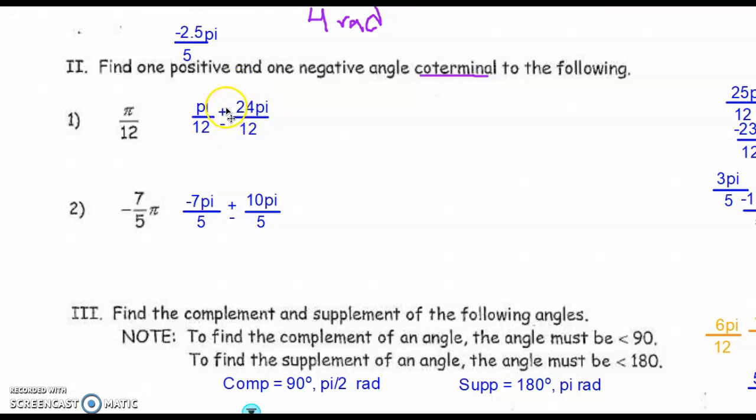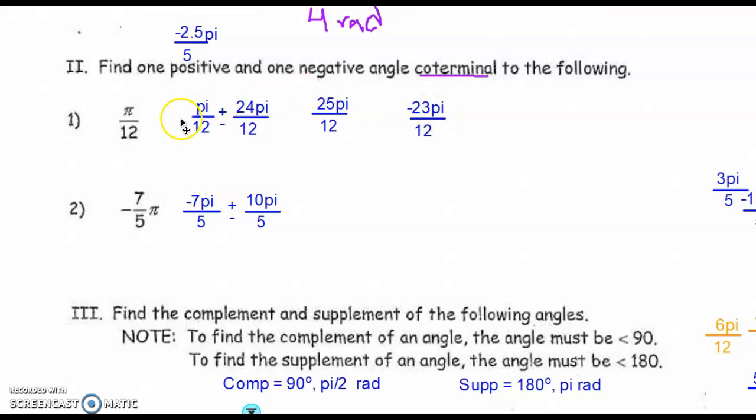So coterminal means add and subtract 2 pi. Well, in twelfths, that's 24 pi over 12. And when we get 1 pi over 12 plus 24 pi over 12, we get 25 pi over 12. 1 plus 24 is 25. Now we also have to do 1 minus 24, which is -23 pi over 12.